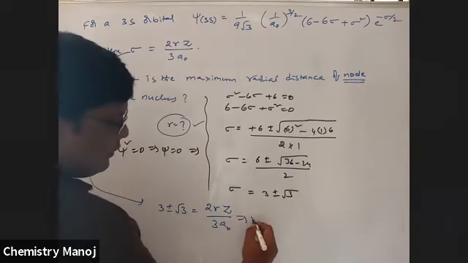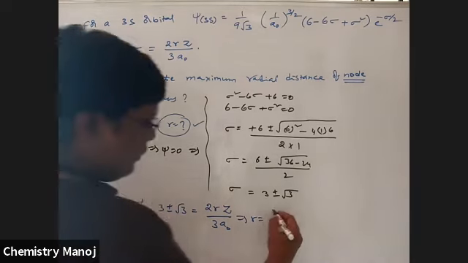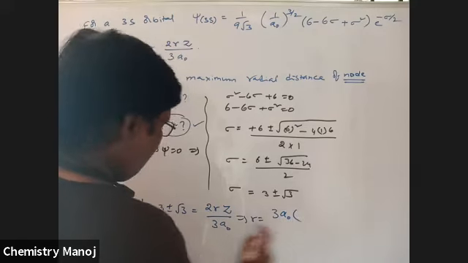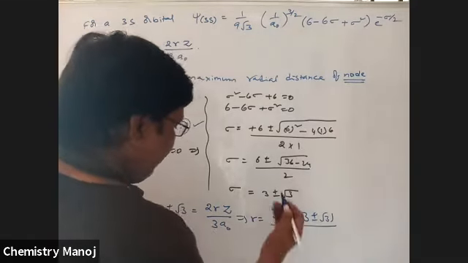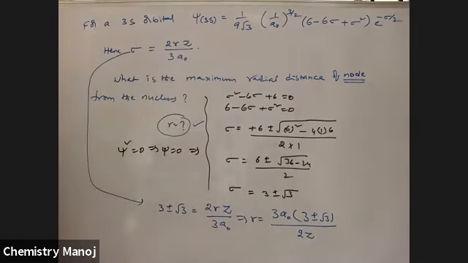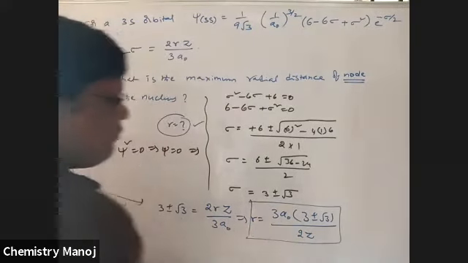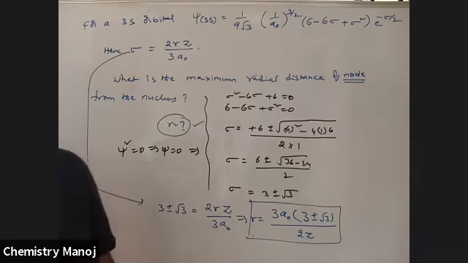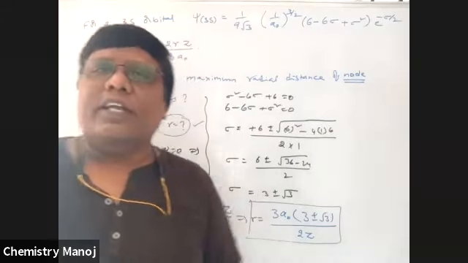That implies R is equal to 3A0 times (3 plus or minus root 3) by 2Z. So this is the answer finally. Okay, so this is the way to find out radius, the maximum distance, and node conditions.